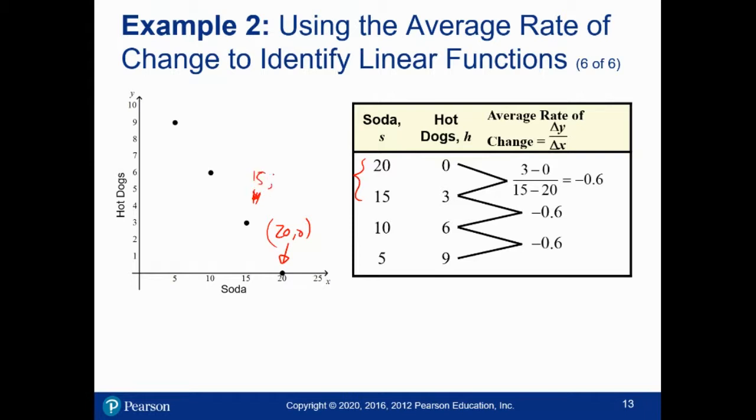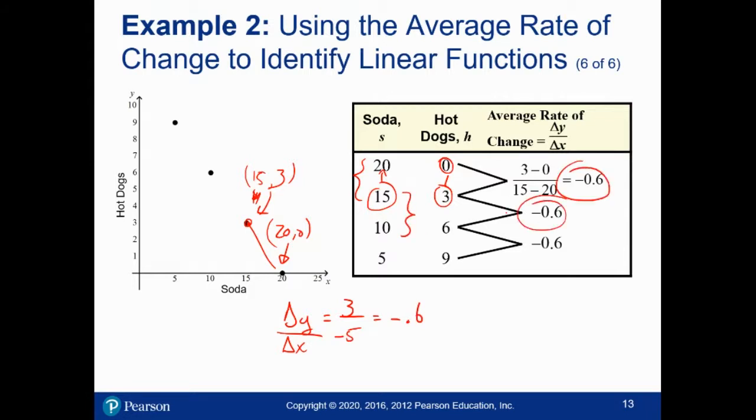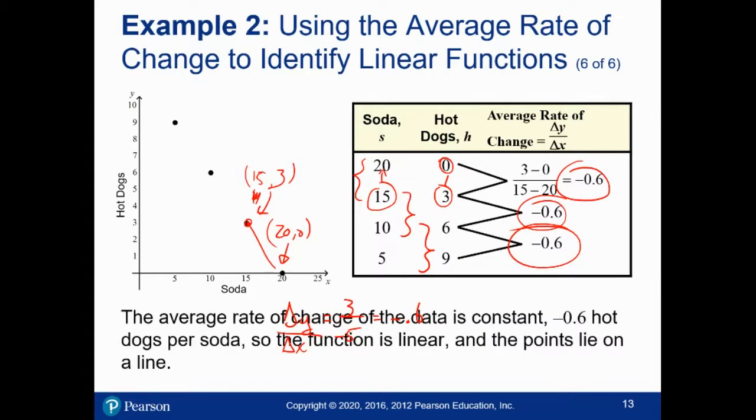My delta y is 3 minus 0, and my delta x is 15 minus 20, so the ratio is negative 0.6, which they've identified. If we do these two points, you can also compute a negative 0.6, and if we do these two points, we also compute negative 0.6.